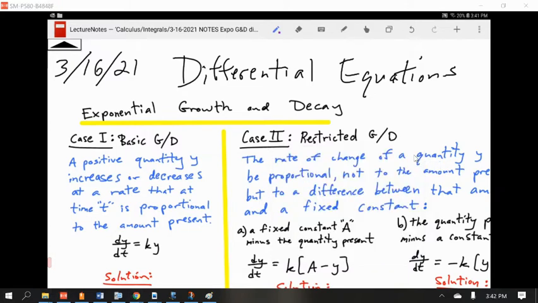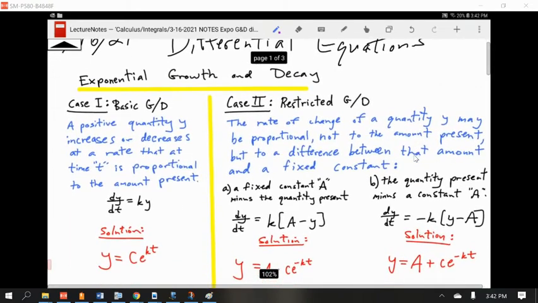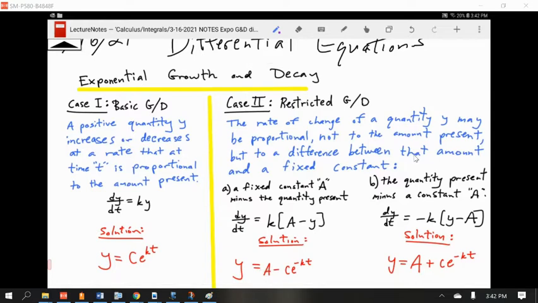Case one, we looked at in class last Thursday, March the 11th. Case one was that dy/dt equals ky. I think in class I wrote dy/dx, but when it comes to growth and decay, the variable t is used more often than even the variable y.